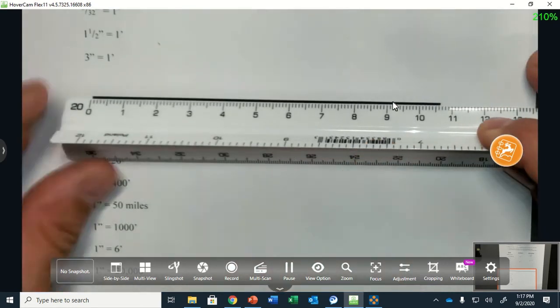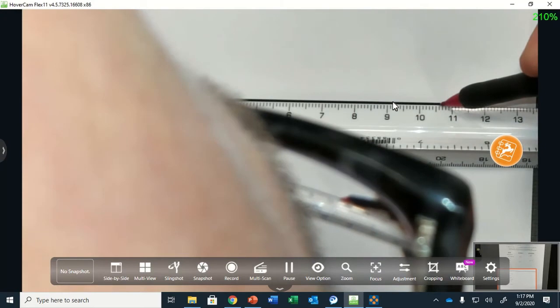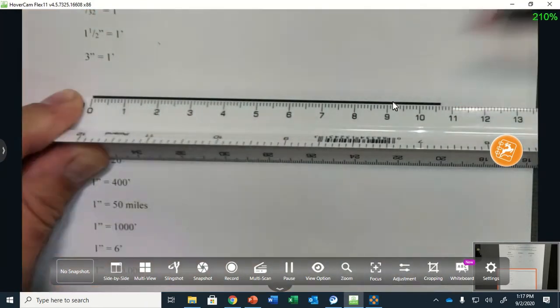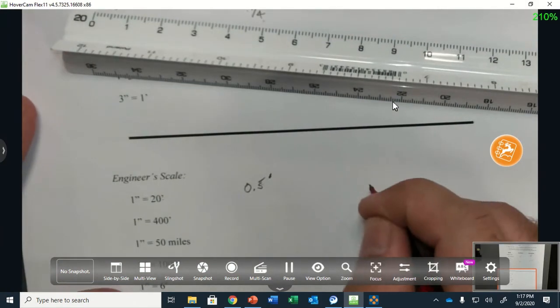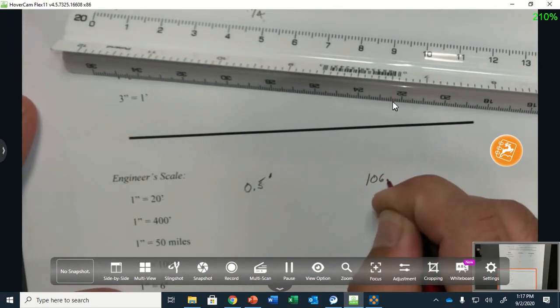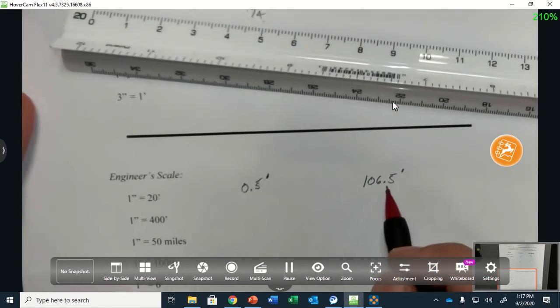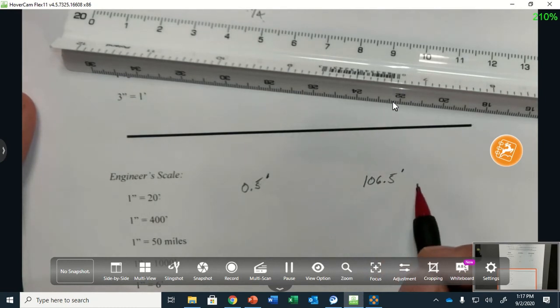So I'm looking, 105, 106, it's almost between 106 and 107, so 106.5 feet. Now, if it ended right on a tick mark, it would be 106.0 feet or 107.0 feet.